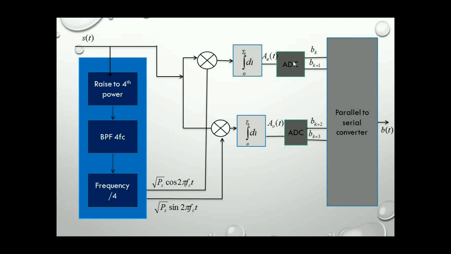AE of t is applied to an ADC, that is an analog to digital converter, to get BK and BK plus 1. Similarly, A0 of t is applied to an analog to digital converter to get BK plus 2 and BK plus 3. So these 4 bits are applied to a parallel to serial converter to generate the original binary data, that is B of t. So this is how the QAM signals are generated, transmitted and recovered back.